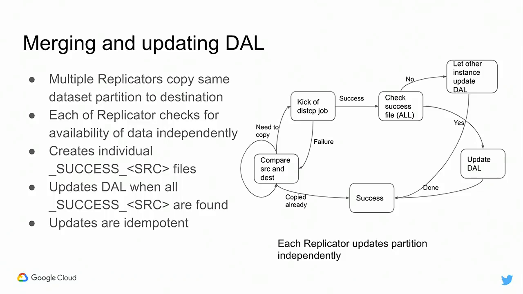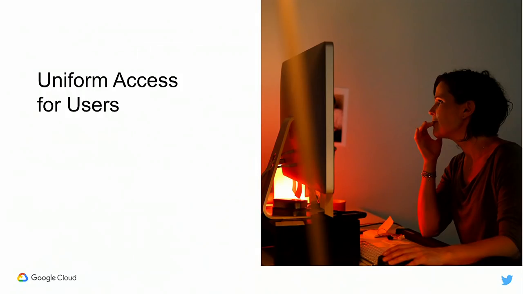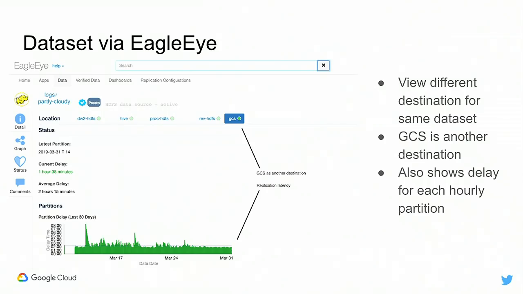So with all this setup, how does it look for our users? One of the goals is to make sure we have uniform access for our users. Eagle-i, as I said, is a front-end interface for our DAL. Whenever we are replicating to GCS, we are also publishing those partitions in DAL.